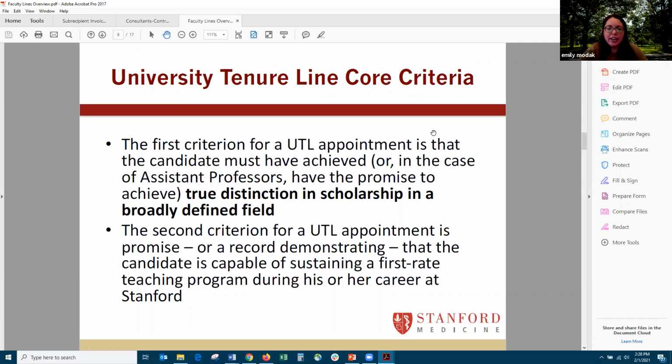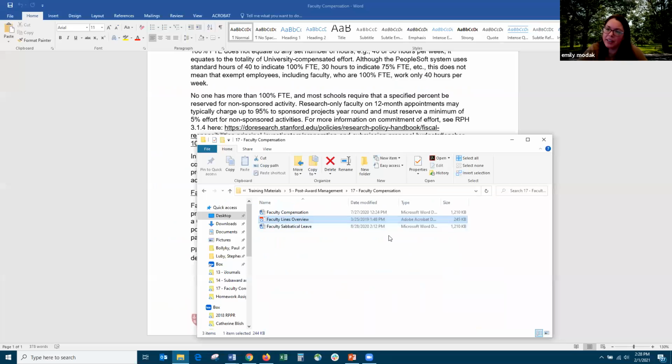So, check it out. I think it's useful to understand what world the faculty member is operating in, and how research can really influence that. Their impact, their scholarship, their publications, their grant awards all play into this promotion structure and what line they're in.